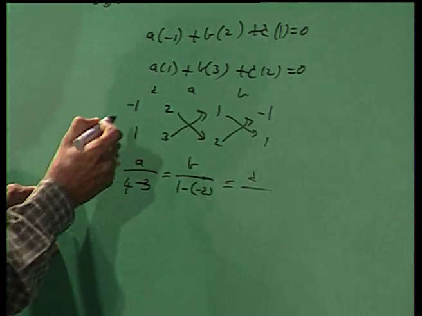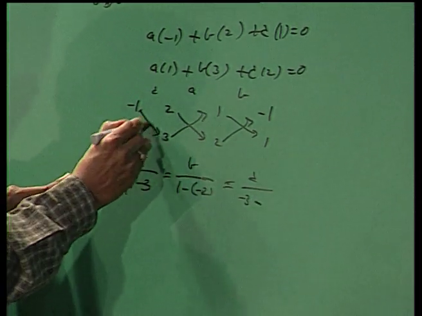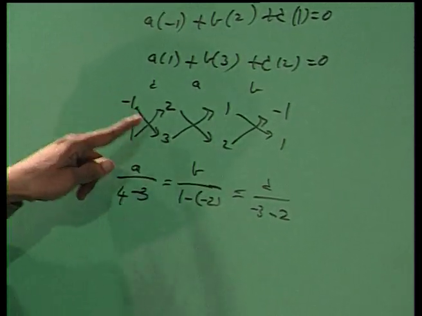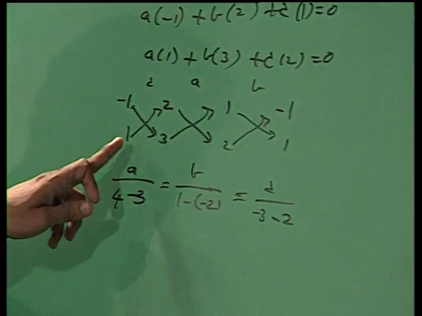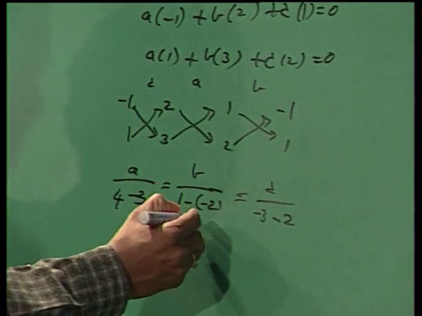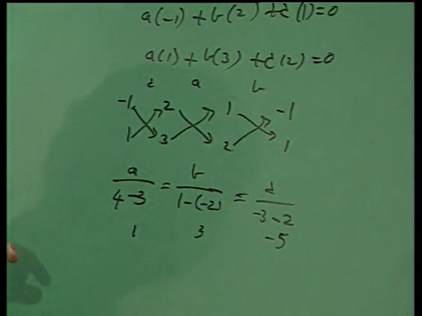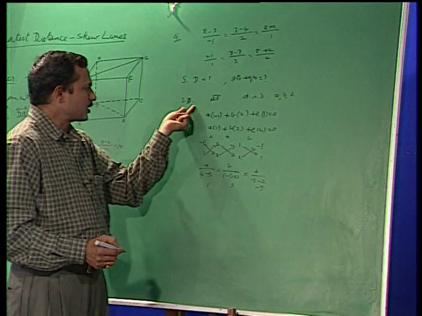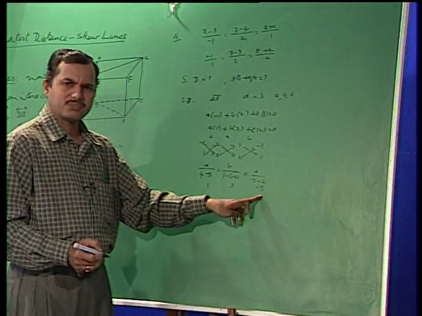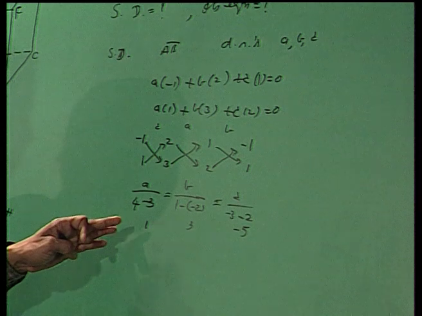So, it is c by minus 1 into 3 is minus 3 minus 1 into 2 is 2, and 4 minus 3 is 1, 1 minus of minus 2 is 3, this is minus 5, and therefore, the direction ratios of the shortest distance line segment a, b, c are 1, 3 and minus 5, and the corresponding direction cosines are found as follows.